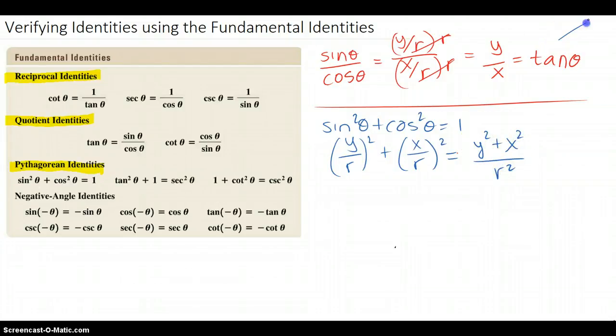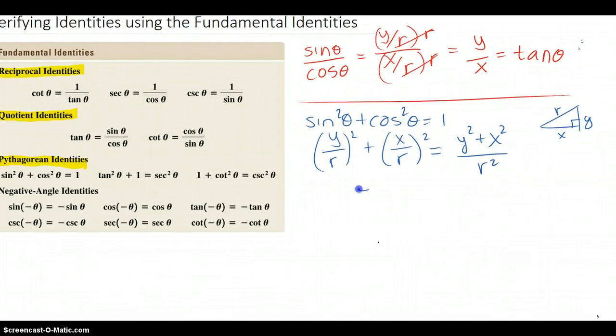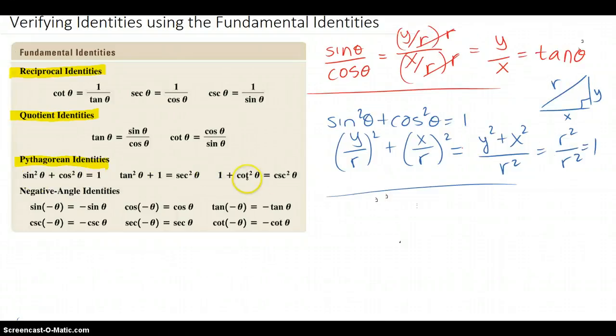But if you remember, we're dealing with a right triangle, with x, y, and r, so this is just equal to r squared over r squared, which equals 1, from the fact that in a right triangle, x squared plus y squared is r squared. So you can see that it does work. In fact, of the 3 Pythagorean identities, this is the only one you really need to memorize because the other 2 are really easy to get.